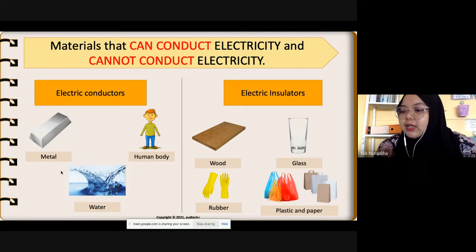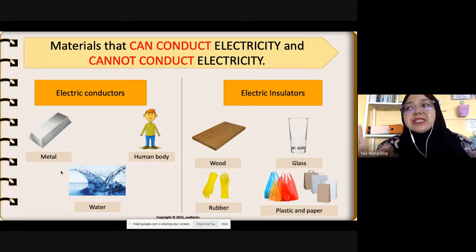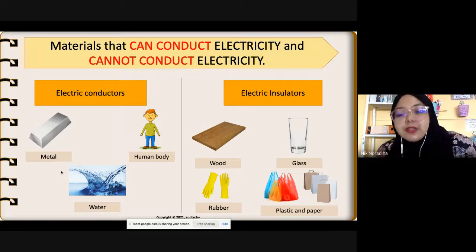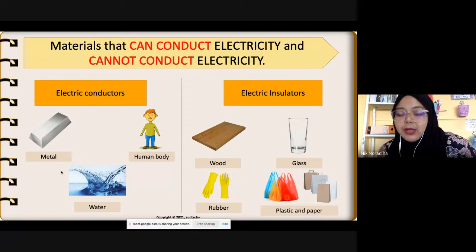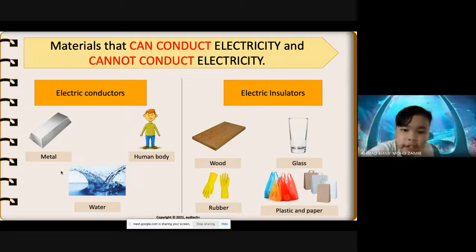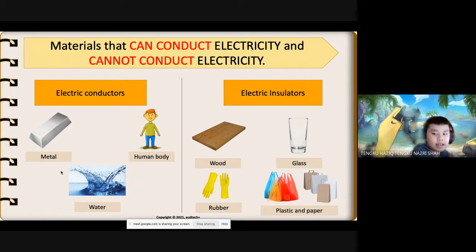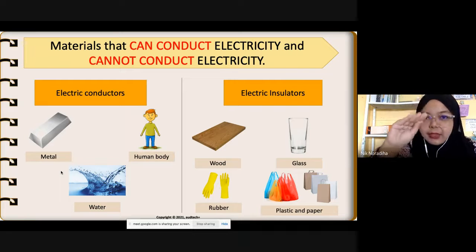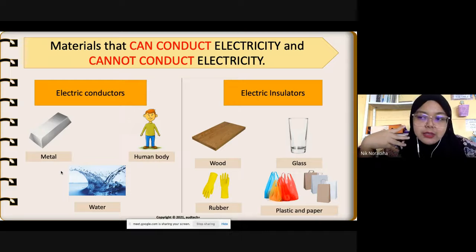So whenever you want to touch something, if your hand is still wet, what should you do aside from drying yourself? Use the towel, correct, because towel is electric insulator. What else you can use? Let's say you want to dry your hair using hair dryer. The dryer is electric. You want to turn on the switch, but your hand is wet.